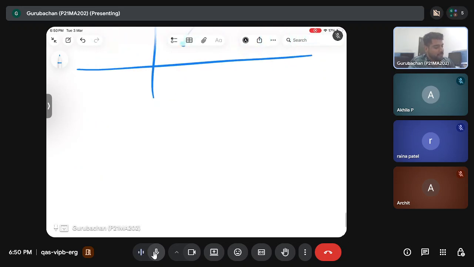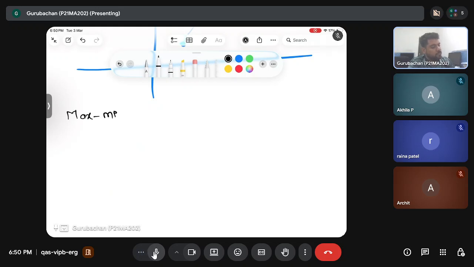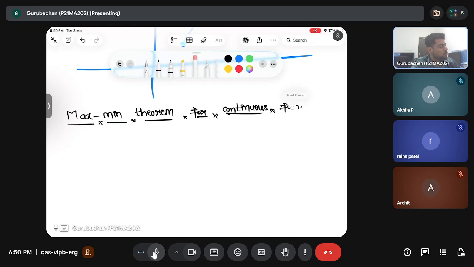So there is a famous theorem for this, that is the max-min theorem for continuous functions.